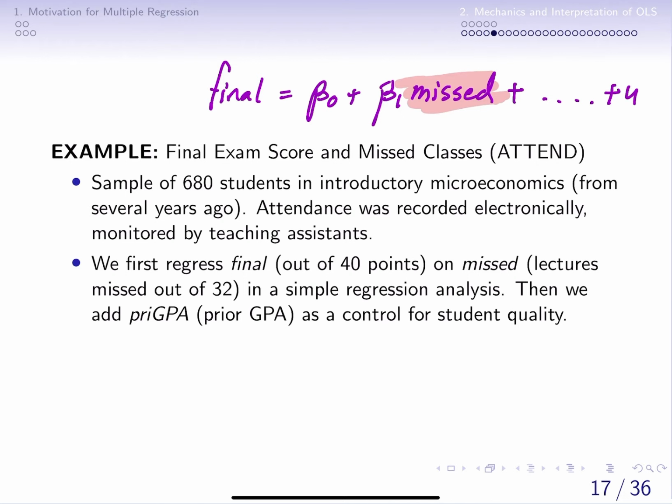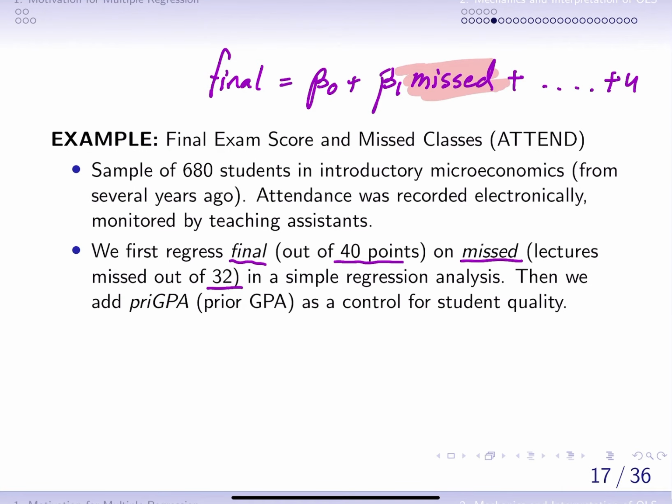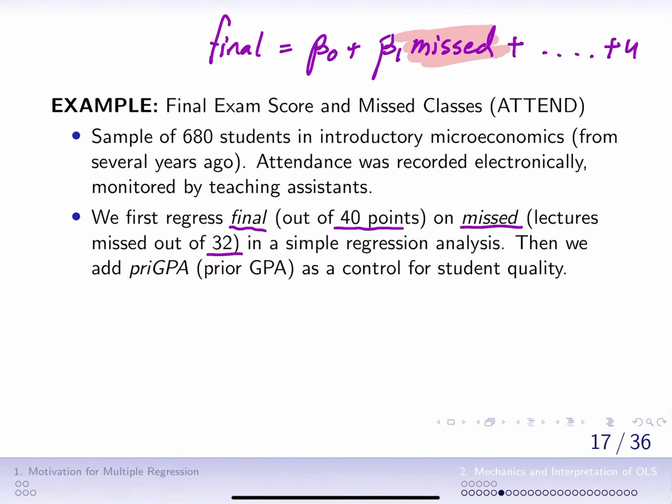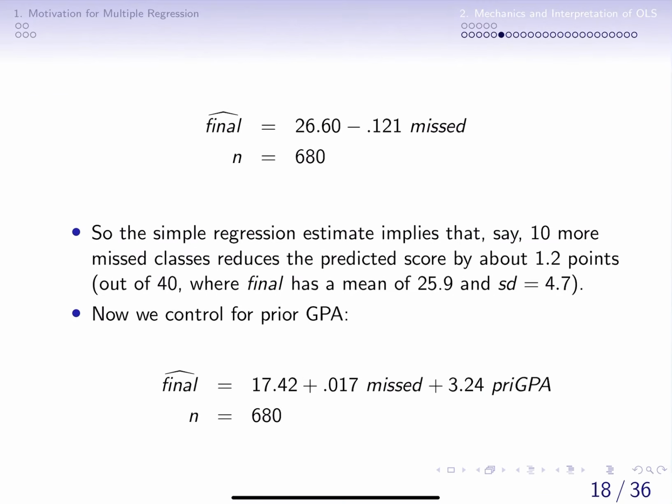So here you're going to see that the final exam score is out of 40 points and the missed lectures are out of 32 lectures. And then we will introduce prior GPA as another explanatory variable or a control. So let's see what we find.